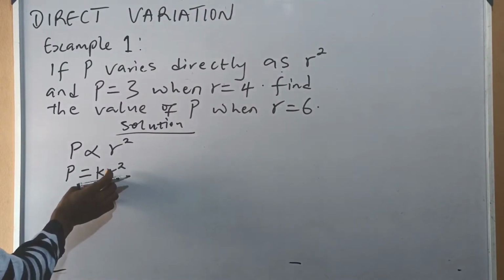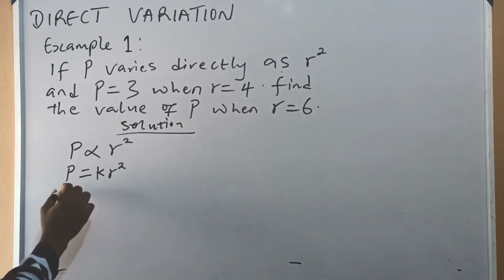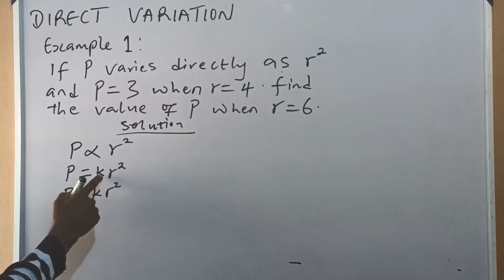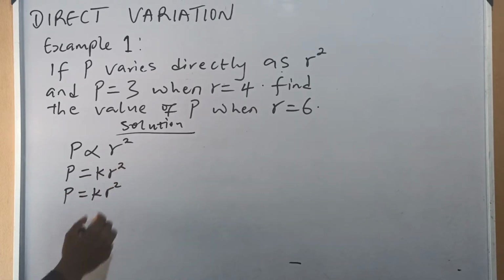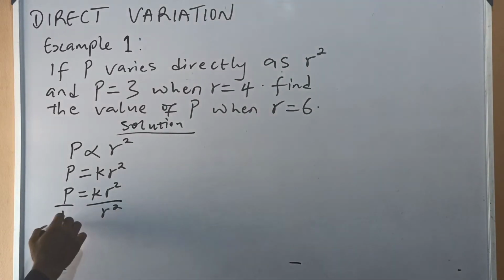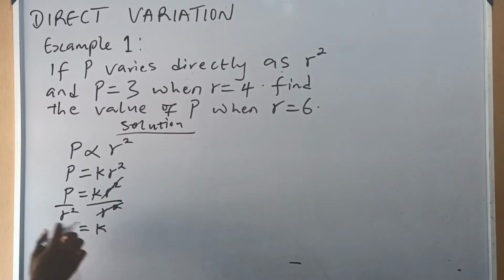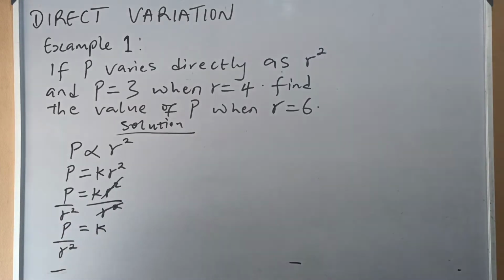For K to be the subject, we have to divide both sides of the equation by the coefficient of K, and the coefficient of K is R raised to power 2. So we divide both sides by R raised to the power of 2, such that R raised to the power of 2 will cancel itself, and we are left with our K. K is equal to P over R raised to the power of 2.